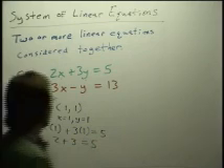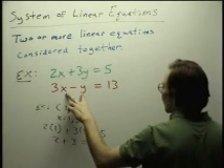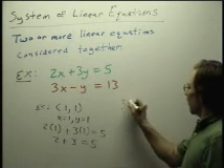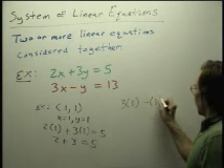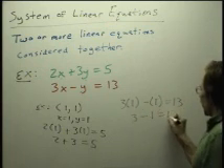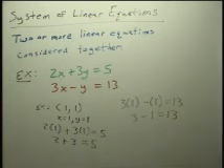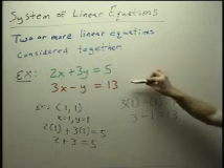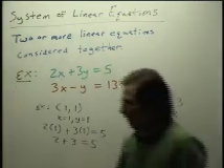On the other hand, if we substitute those values into our second equation, then what's going to happen? We're going to get the statement 3 minus 1 equals 13, which is not a true statement. So that shows that (1, 1) is a solution of the first equation, but not a solution of the second equation.